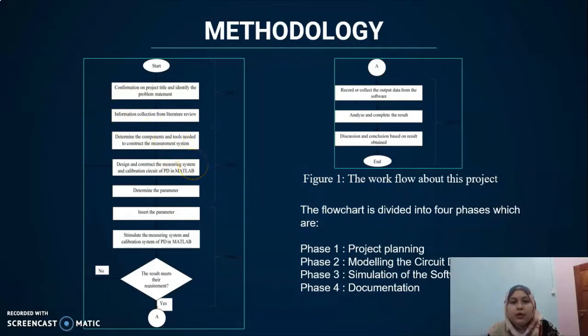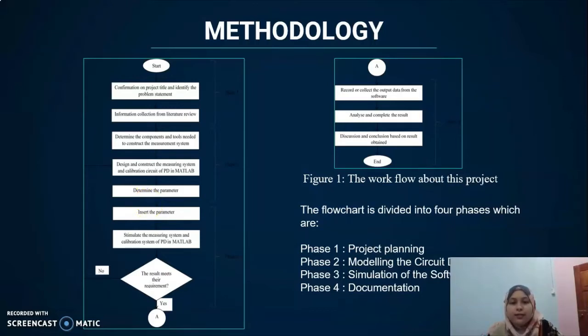Phase 2 is about modeling of the circuit diagram. It consists of determining the components and tools needed to construct the measurement system, designing and constructing the measuring system and calibration circuit of partial discharge in MATLAB software, and then determining the parameters by doing some calculation and some research in research papers or journals.